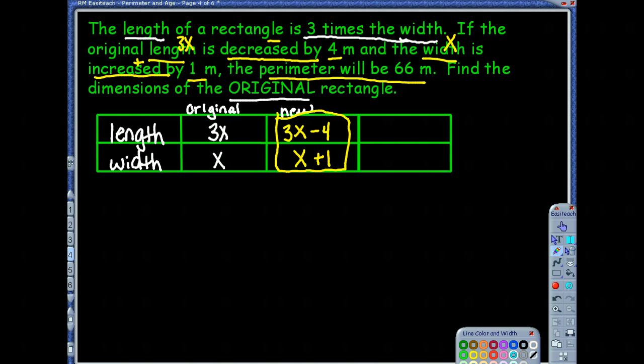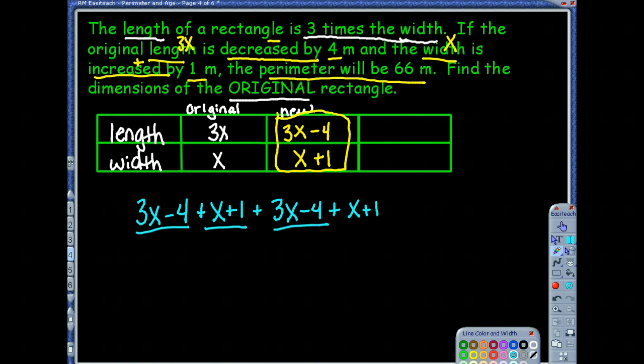Keep in mind that a rectangle has 4 sides. So when I talk about this perimeter, I'm going to have our 3x minus 4 plus our x plus 1. But it's not just a sum, it's a perimeter, plus another 3x minus 4 plus an x plus 1. There's all 4 sides. That perimeter is 66.